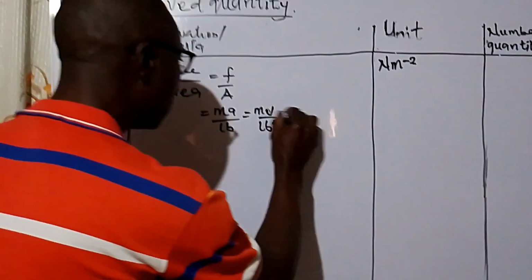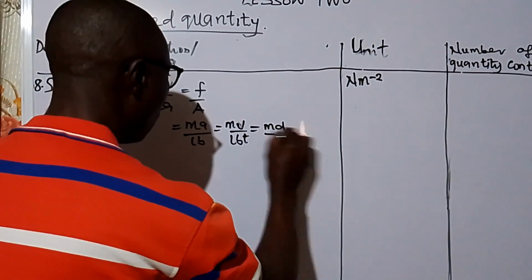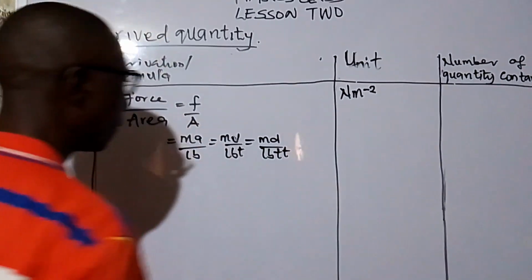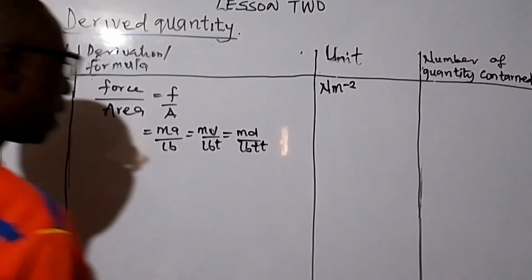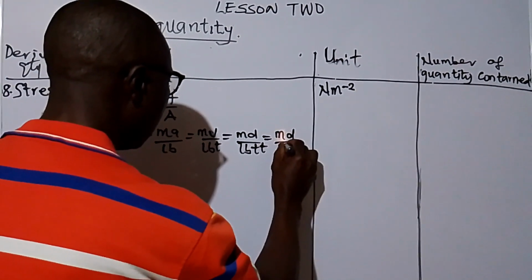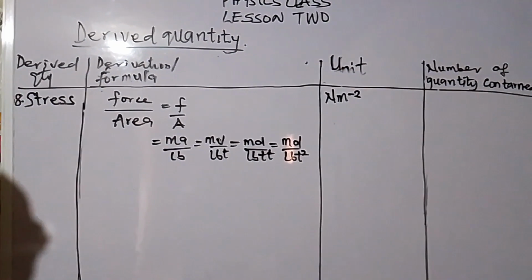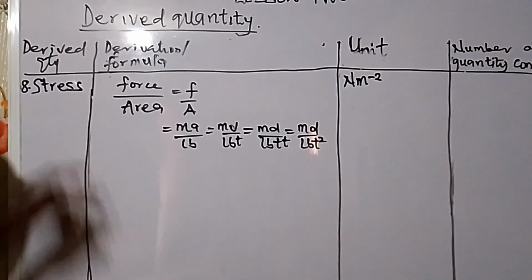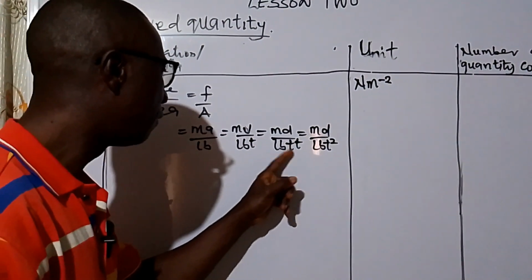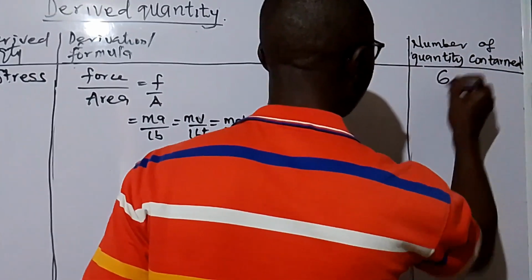Velocity is still derived. Then we are going to have MD over LBTT. And from this one, we can now have MD over LBT squared. Now, if we count the number of quantities that stress contains, it will be 1, 2, 3, 4, 5, 6. That will be 6 quantities.